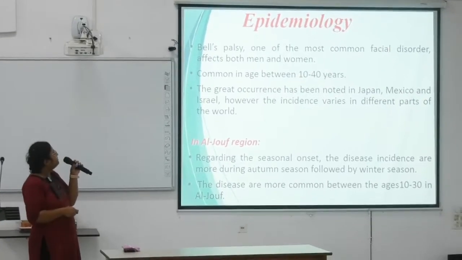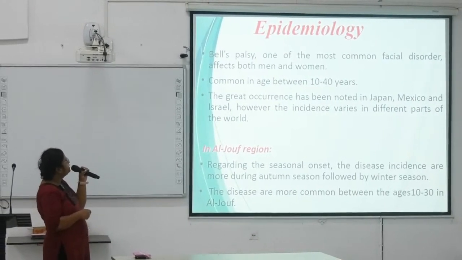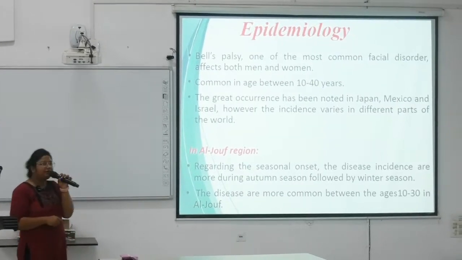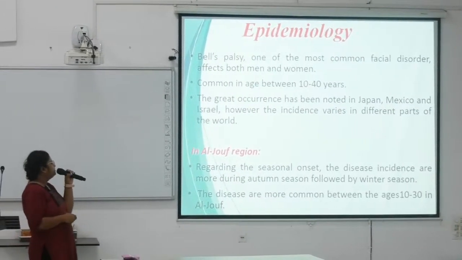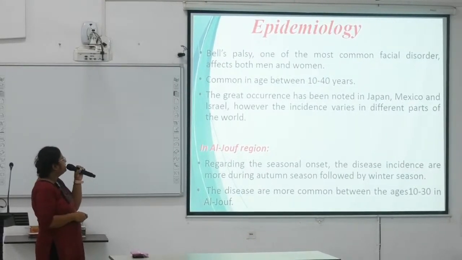Next, epidemiology. Okay, Bell's palsy is one of the most common facial disorders, affecting both men and women. Common in the age group 10 to 14 years. And the greatest occurrence has been noted in Japan, Mexico, Israel. However, the incidence varies in different parts of the world.